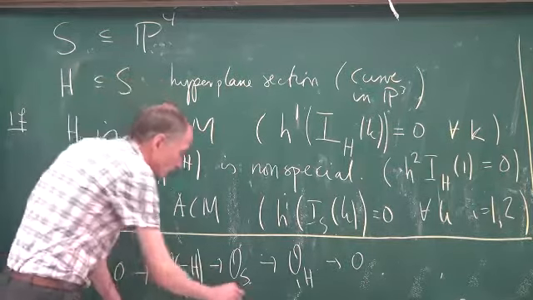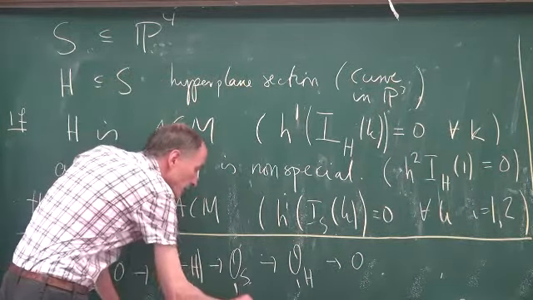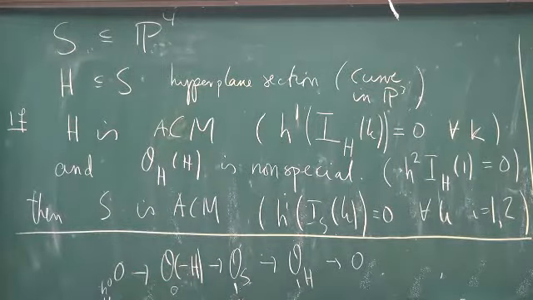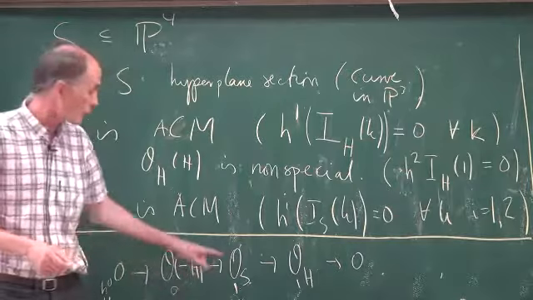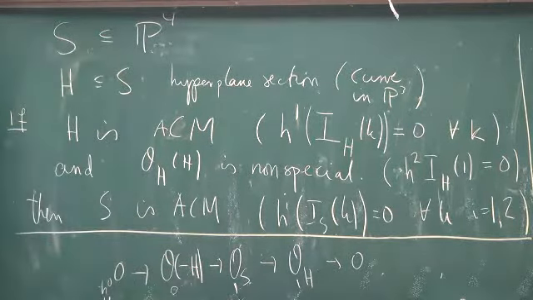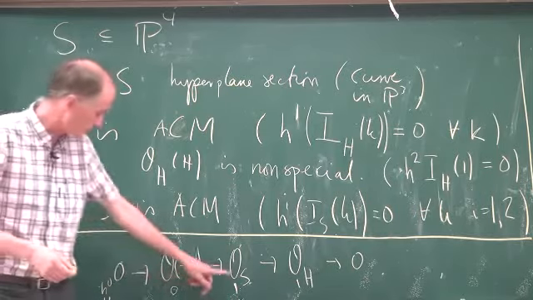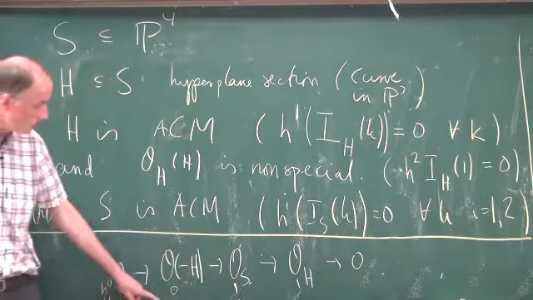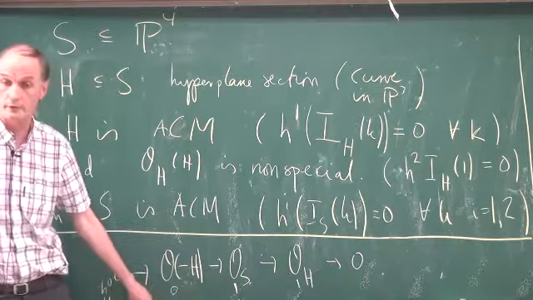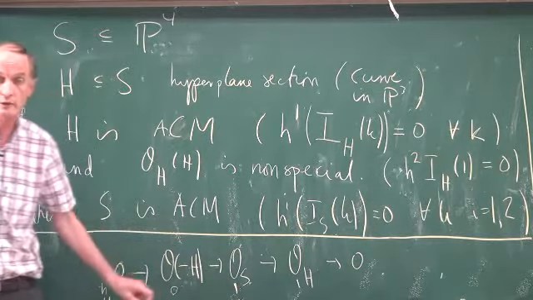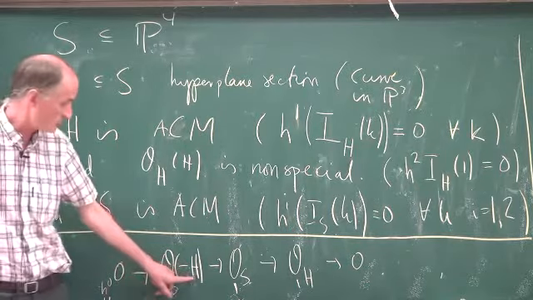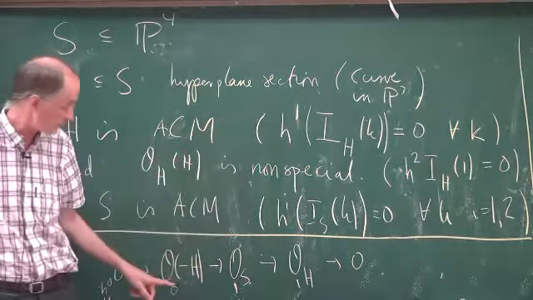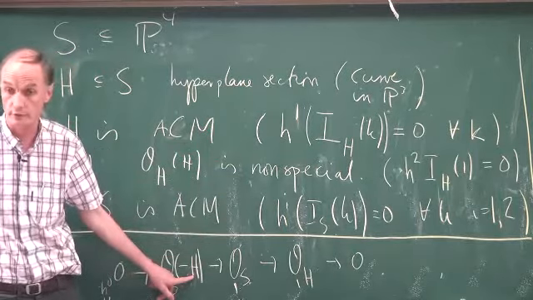Maybe you have something non-zero, maybe H1 of O of S is non-zero. This is the key problem in this case, but still Kodaira vanishing says that you have a zero there. And the condition for this that we are going to use is that H is a very ample divisor.